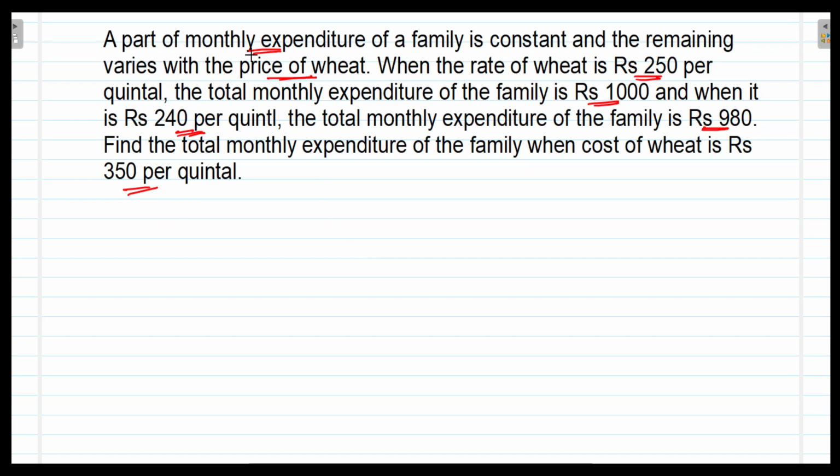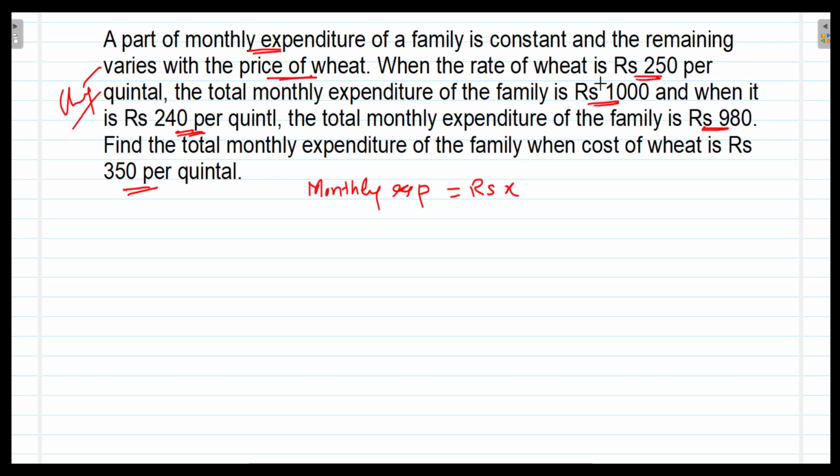So friends, here it is said that the monthly expenditure of a family is constant, and let that constant expenditure of the family be rupees X. The remaining varies, means changes, with the price of wheat, means it is dependent on the price of the wheat.